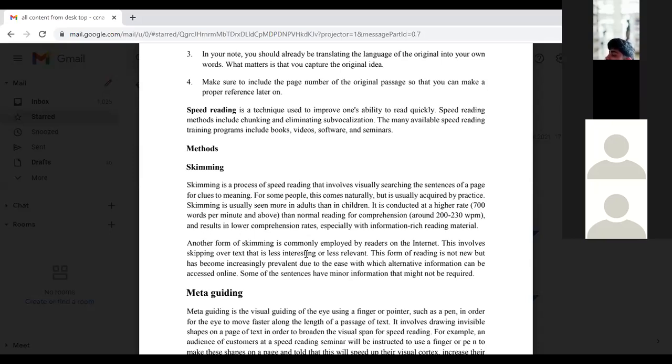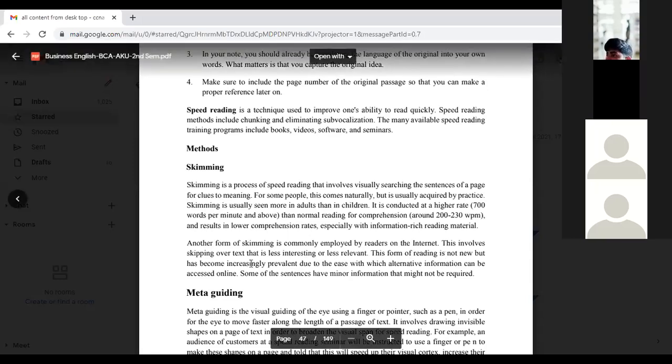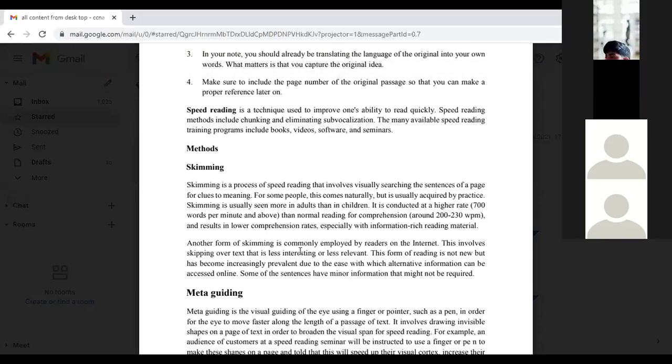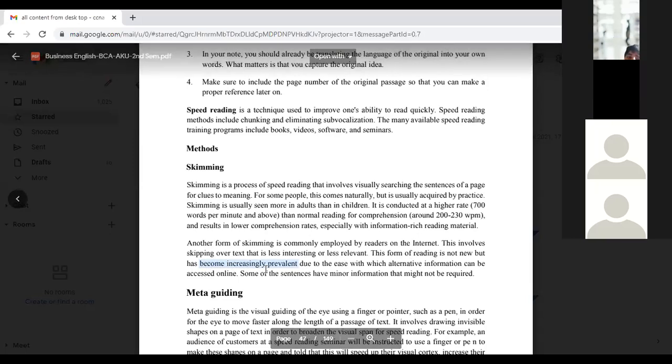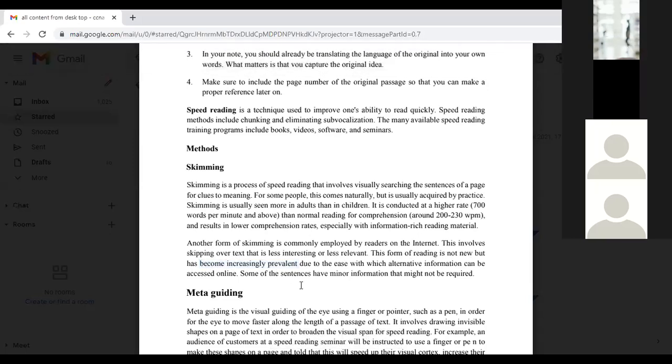Another form of skimming is commonly employed by readers on the internet. This involves skipping over text, like I'm moving the cursor, isn't it? This is also moving, so this is helping me to read quickly. This involves skipping over text that is less interesting or less relevant. So suddenly you feel that this is not important, and we skip it. So this helps when we quickly see something which is not important.